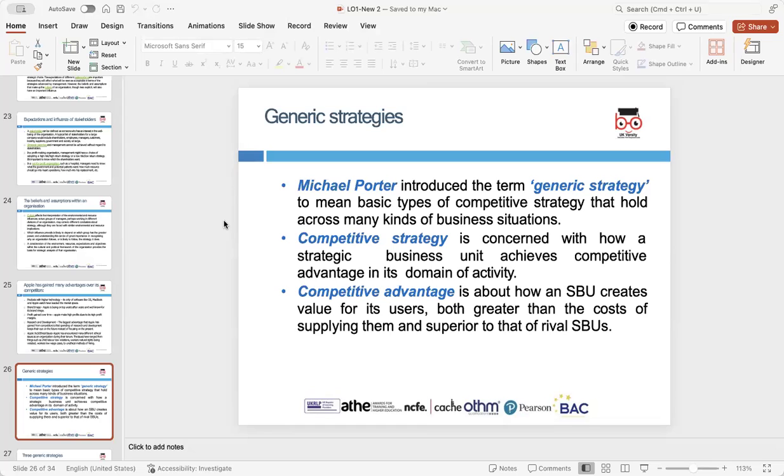So the essence of competitive advantage lies in creating more value for users compared to the cost incurred. It also involves outperforming rivals in the same domain by leveraging unique strategies and capabilities.